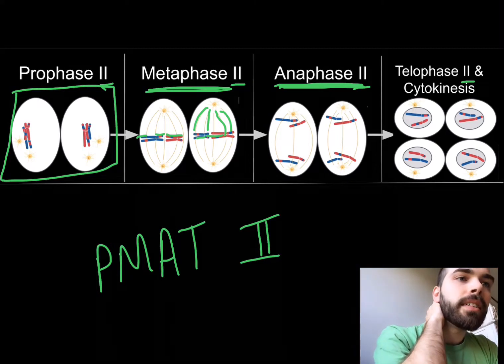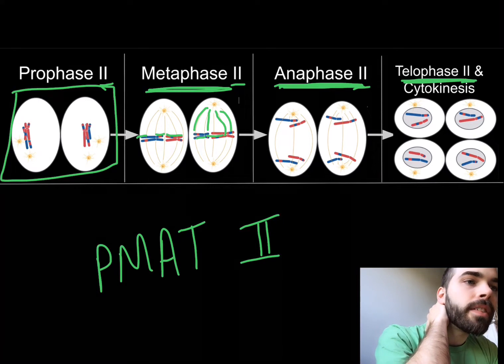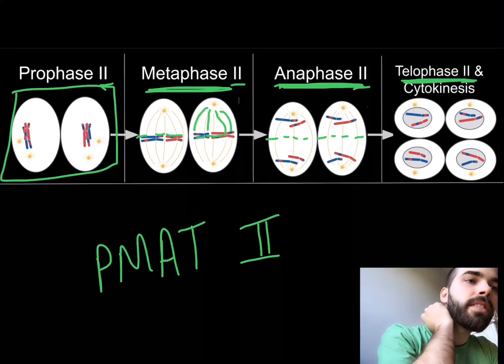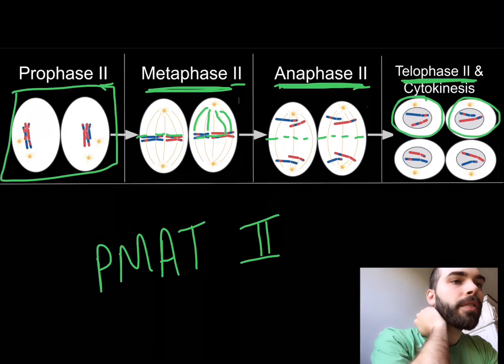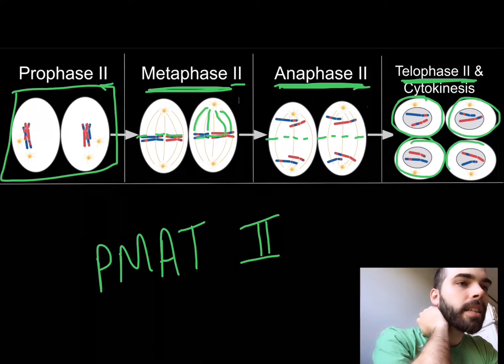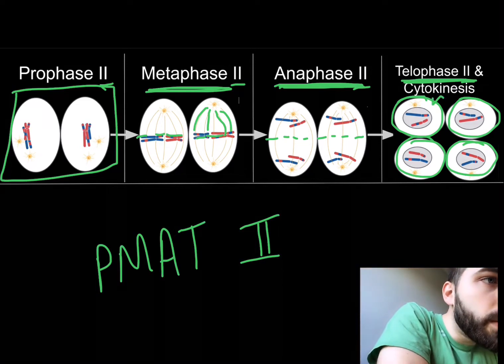And then finally, in telophase 2, each of these cells is going to divide. And so in telophase 2, you get 4 cells. And if you look at what's inside of them, each one of those cells is different.